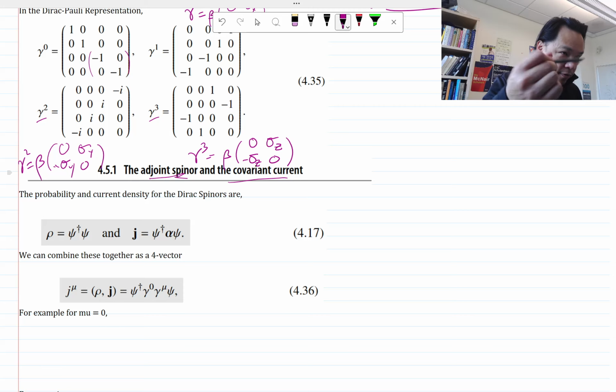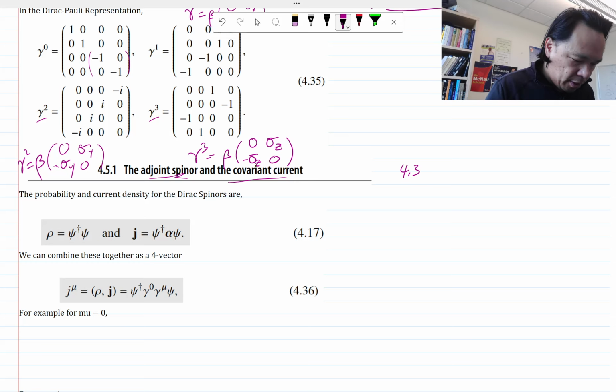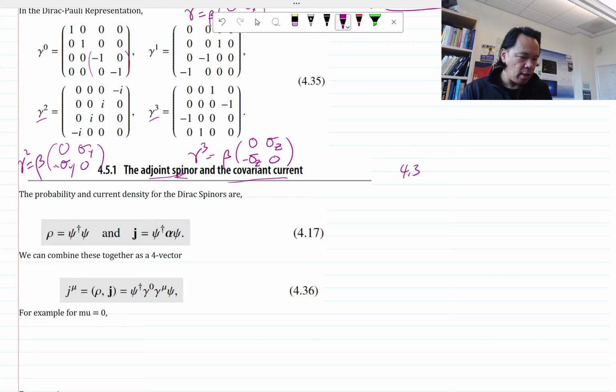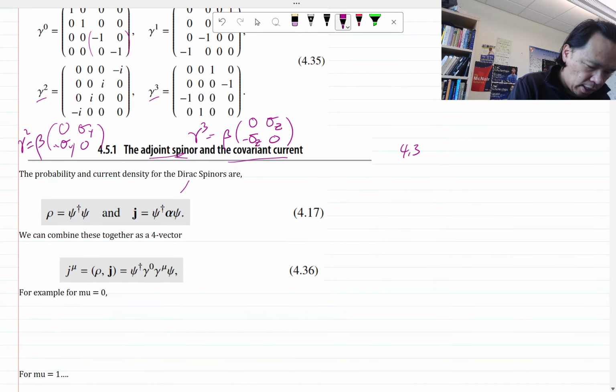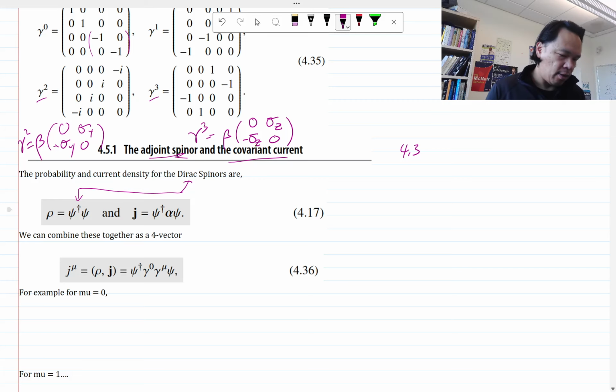In the previous section, I think two sections ago in 4.3, we calculated what the current and the probability density of these Dirac spinors are, where the probability density is just psi dagger psi.